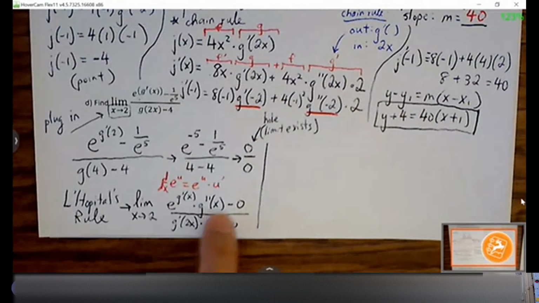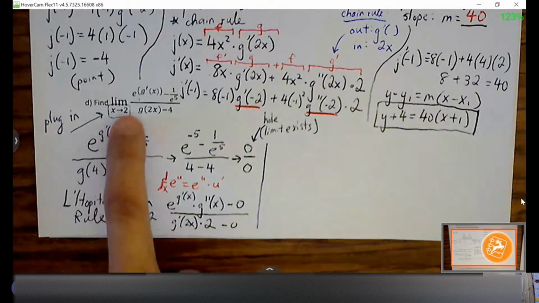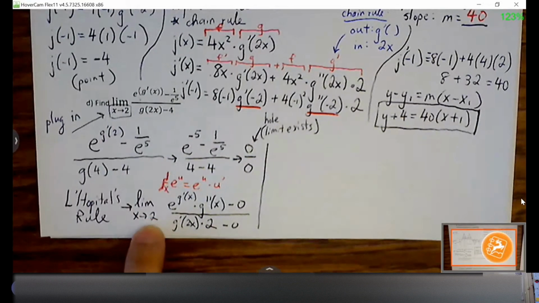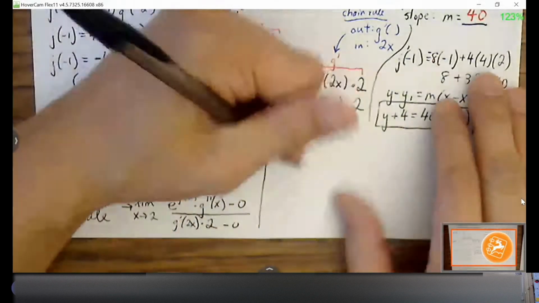So now that we have created derivative versions of the numerator and denominator, now we're going to try that 2 again. Before it gave us 0 over 0, but hopefully we can get a better result this time. So replace 2 in for all the x's.